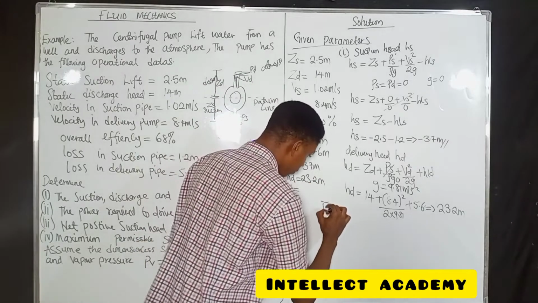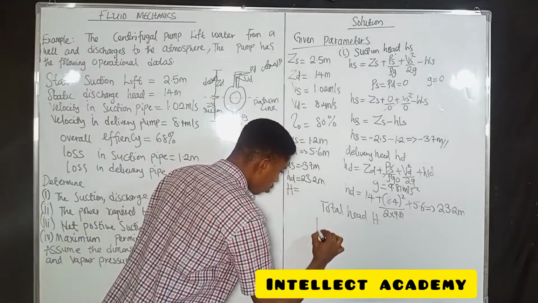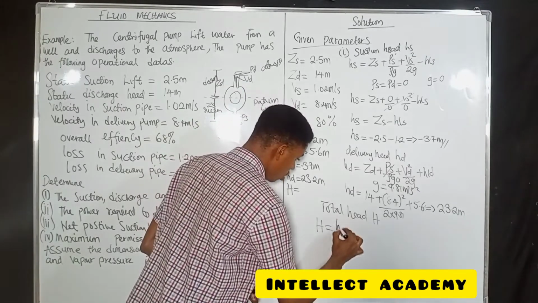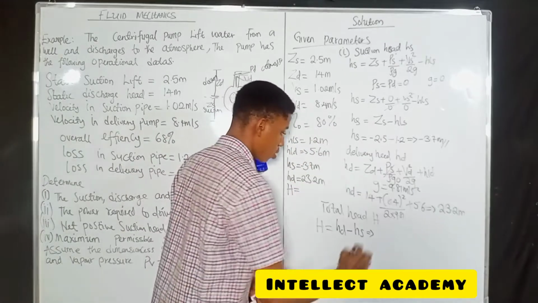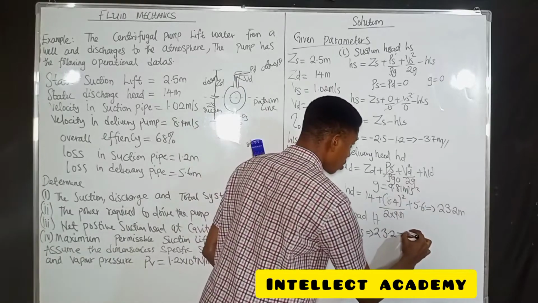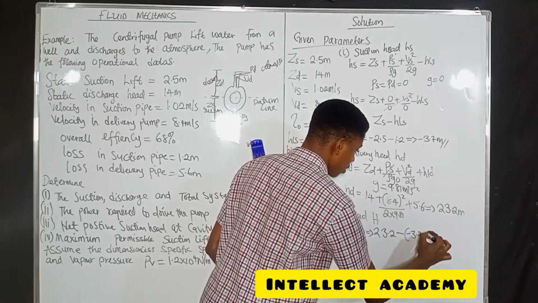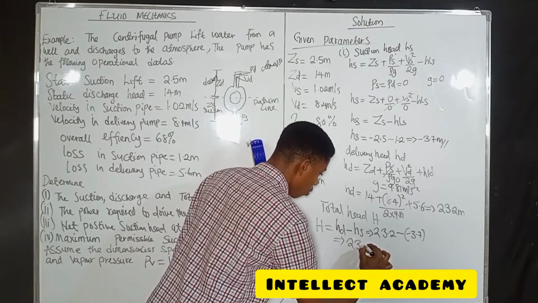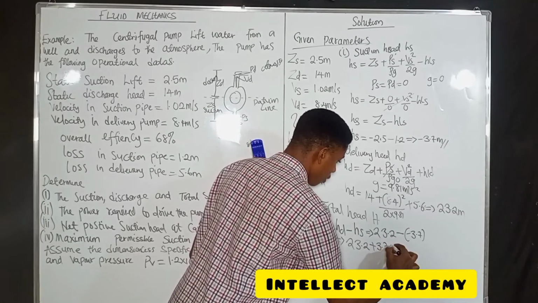Now let's calculate the total head. Our total head, big letter H, is equal to HD negative HS, where we know that our HD was 23.2 negative, and HS was negative 3.7. So negative brackets negative 3.7 will be equal to 23.2, now negative will be plus 3.7.